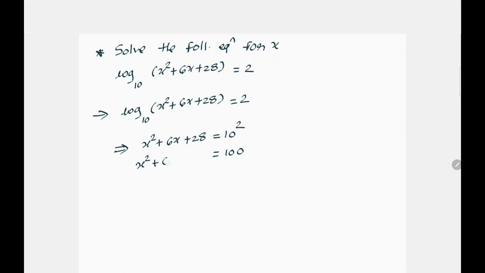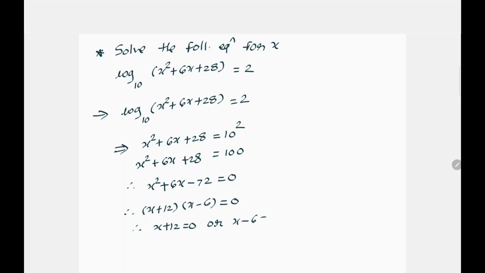It means we get x square plus 6x plus 28 is equal to 100. So x square plus 6x minus 72 is equal to 0. Factorize this polynomial. So we get x plus 12, x minus 6 is equal to 0. It means x plus 12 is equal to 0 or x minus 6 is equal to 0. So therefore x is equal to minus 12 or x is equal to 6.